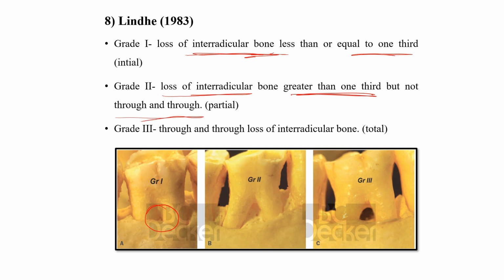So if we move horizontally, if it is less than 1/3 of the horizontal invasion, then it is grade 1. If it is more than 1/3 but less than 2/3 or not through and through, then it is grade 2, also called partial. And grade 3 is total furcation involvement, there is through and through penetration of the probe. So initial, partial and total.